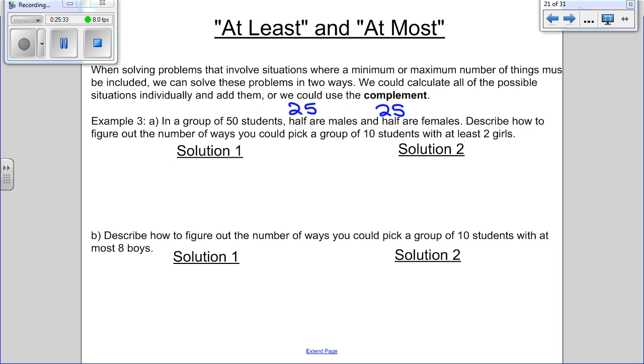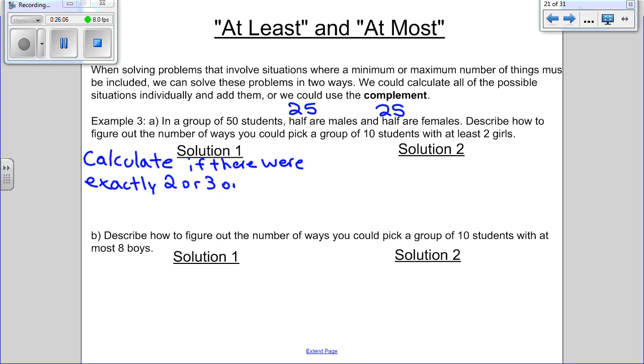All right, one way I could do it is I could calculate, and I want us to describe it, not actually do it, if there were exactly 2 or 3 or 4 or up to 10 girls.